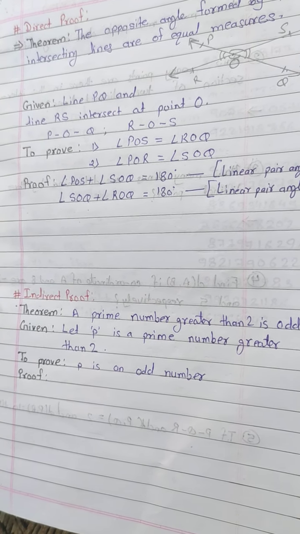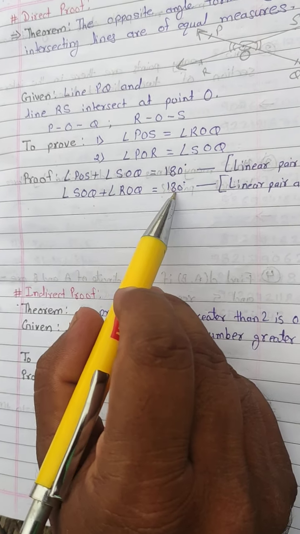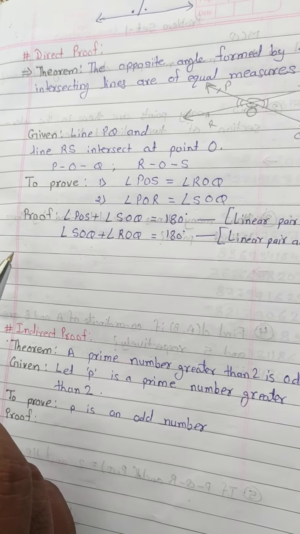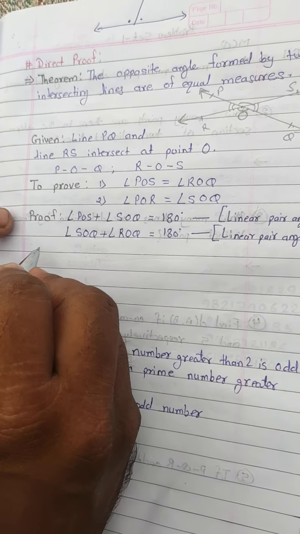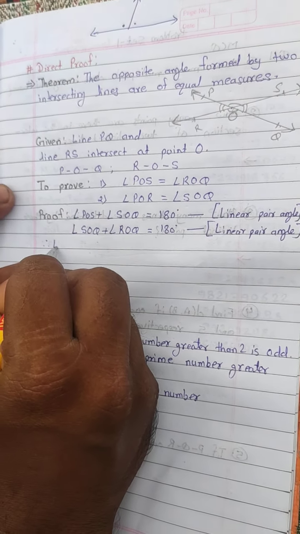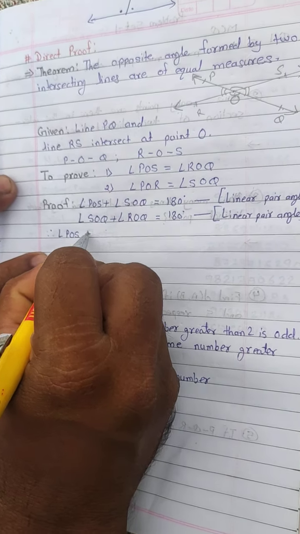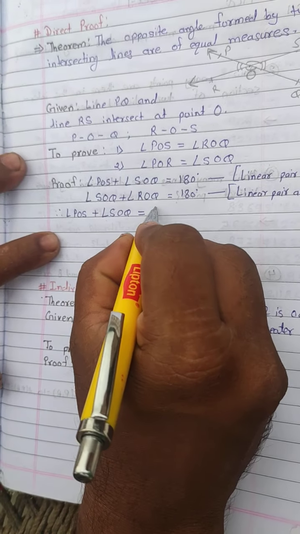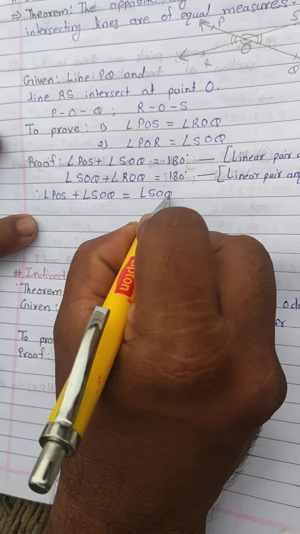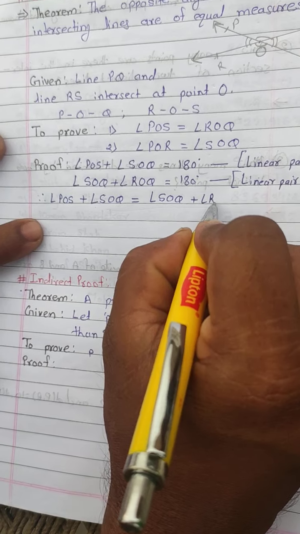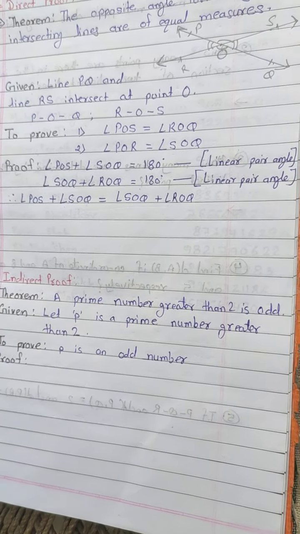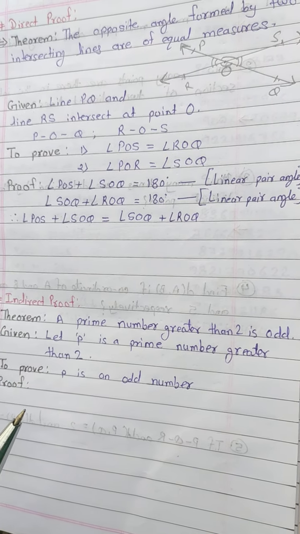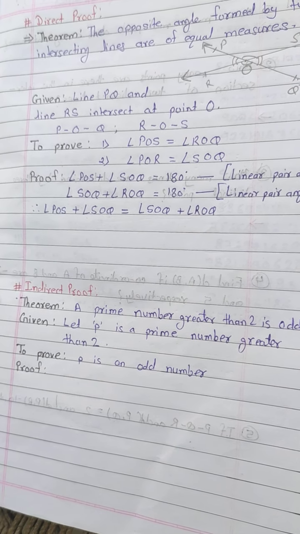Now see, in equations 1 and 2, the right hand side of both equations is equal, 180 and 180. So we can say the left hand side is also equal. So we write, therefore angle POS plus angle SOQ equals angle SOQ plus angle ROQ, from equations 1 and 2. If the right hand sides of two equations are equal, we can say the left hand sides are also equal.